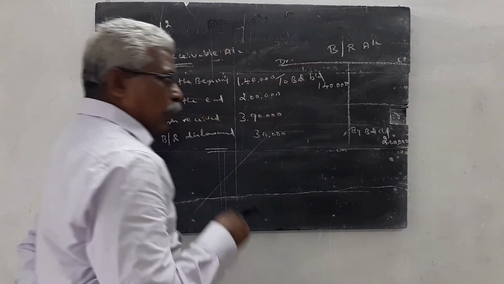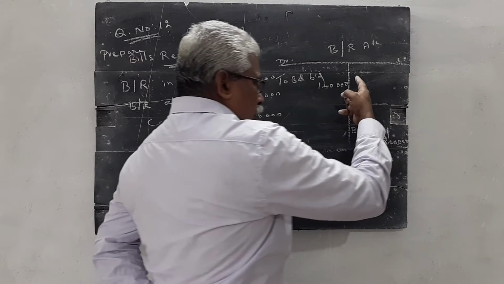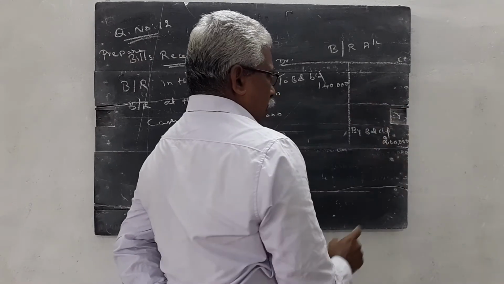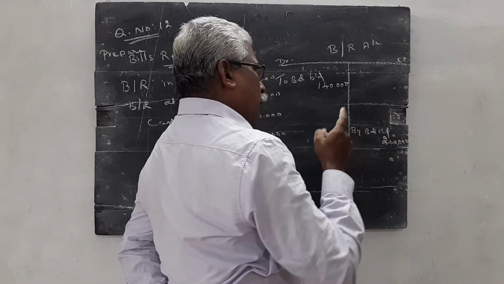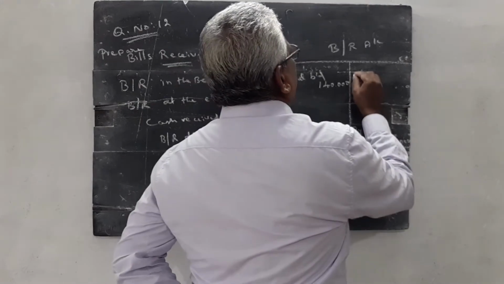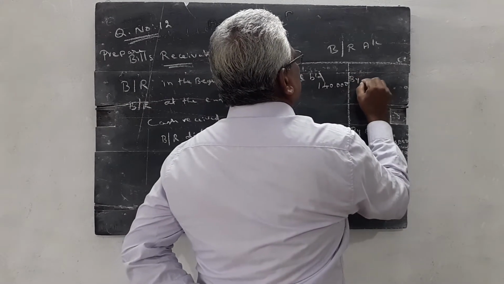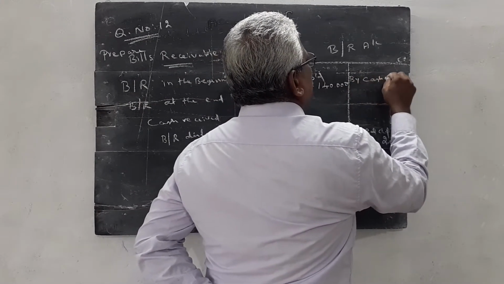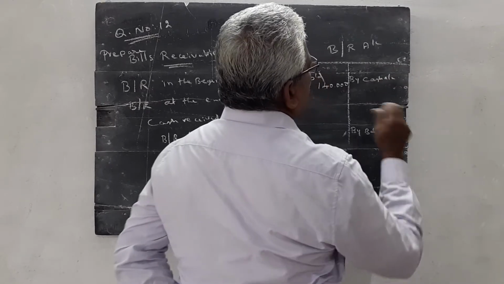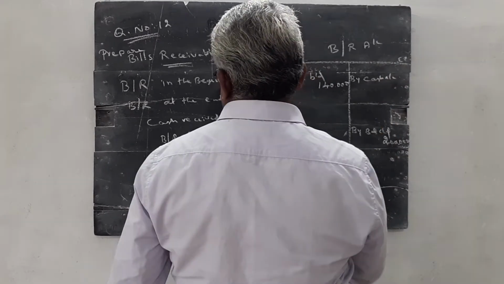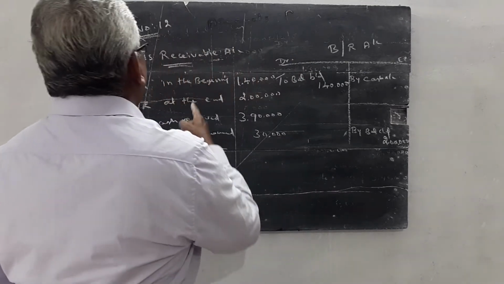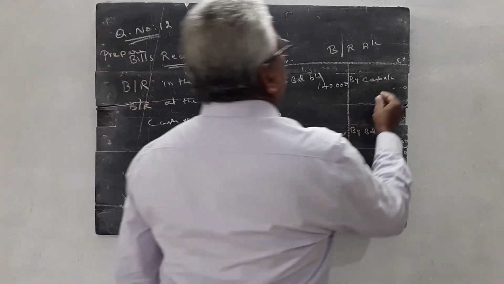Then cash received. As in sundry debtors, cash received comes here. Cash received from bills receivable. So by cash received, we simply write cash account, meaning cash received from debtors, 3,90,000.